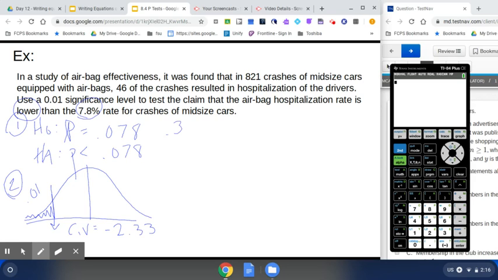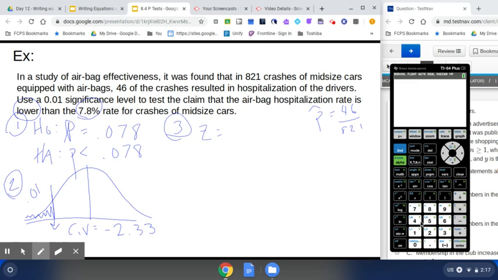Step number 3, we're going to use that formula to find the test statistic. So the first thing we have to do is find P hat, which is the sample proportion. So in the prompt, it told me that 46 people required hospitalization after a crash out of 821 crashes.